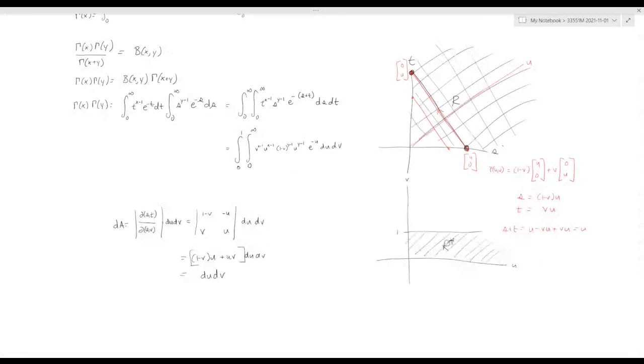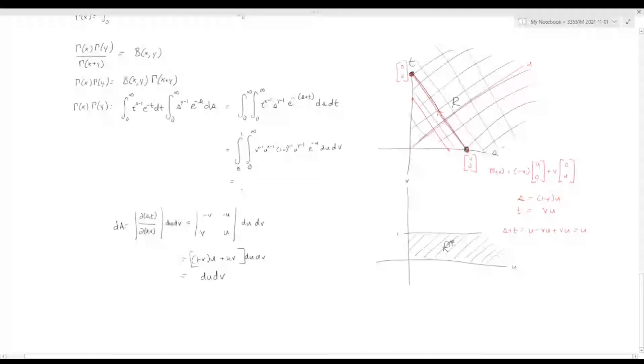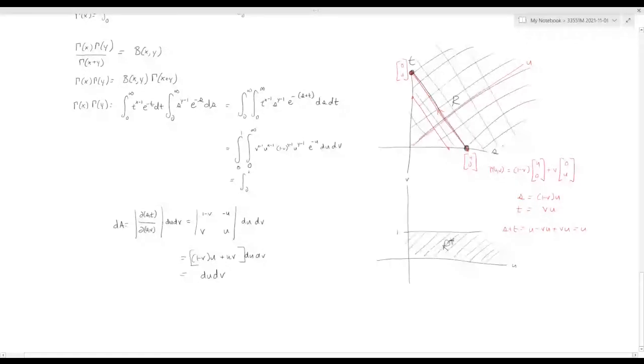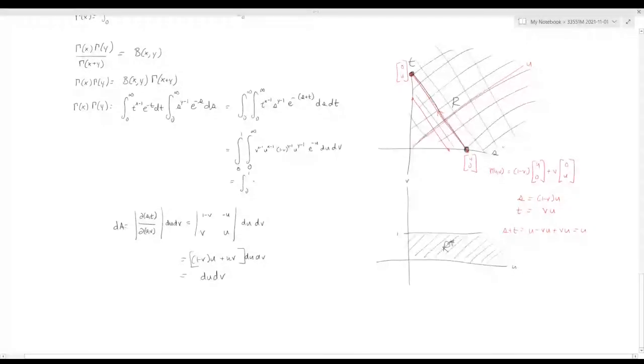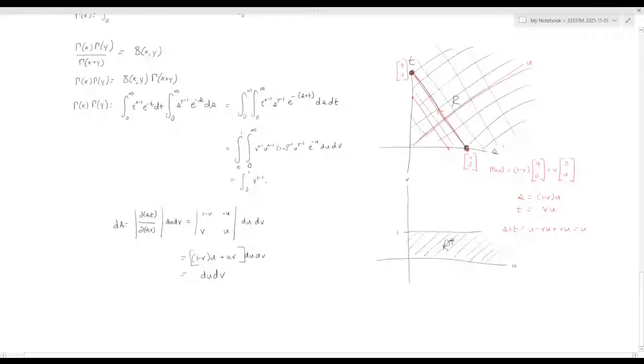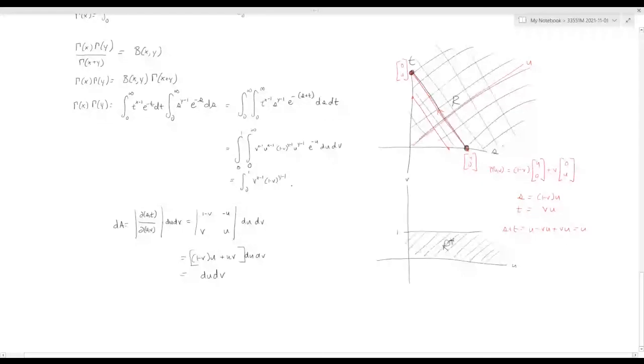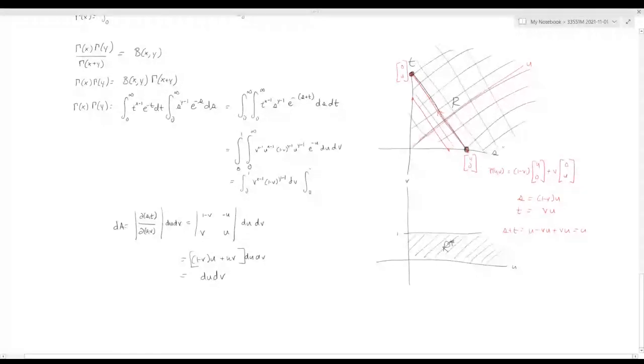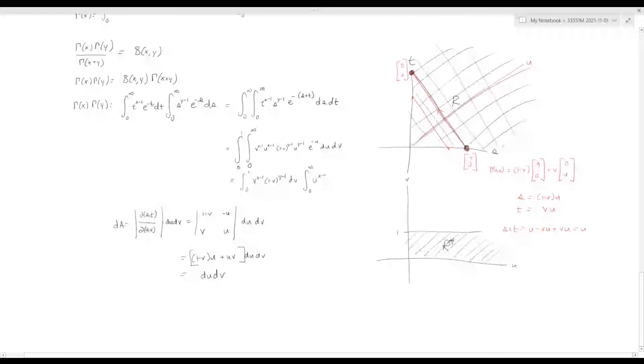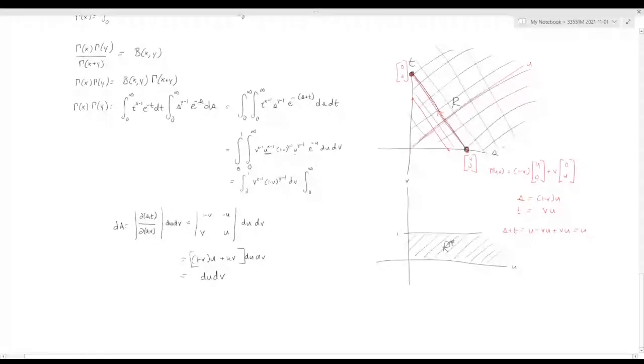All right. So here I'm going to gather all the u's together. And then gather all the v's over here. And we can have just an integral with respect to v, and then times just an integral with respect to u. And notice that the factors, u to whatever power, you can use properties of exponents.